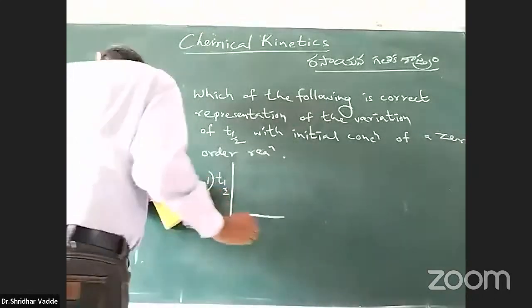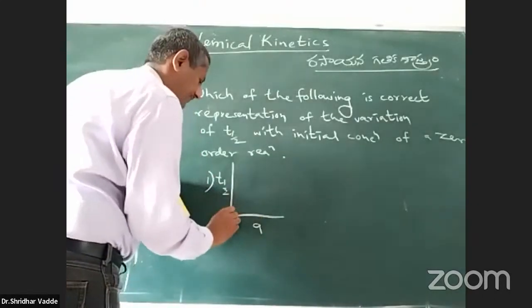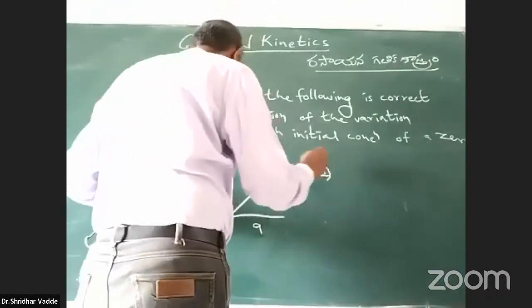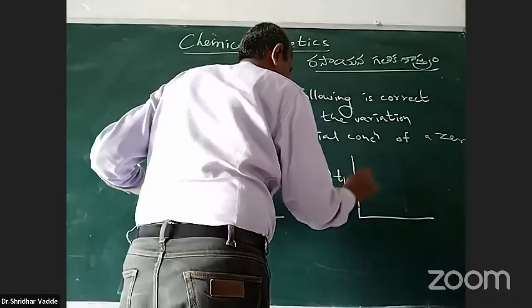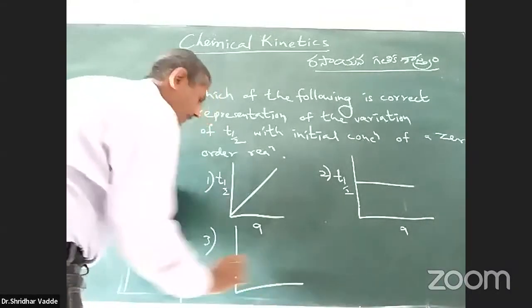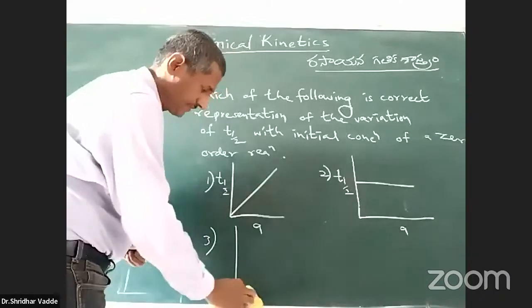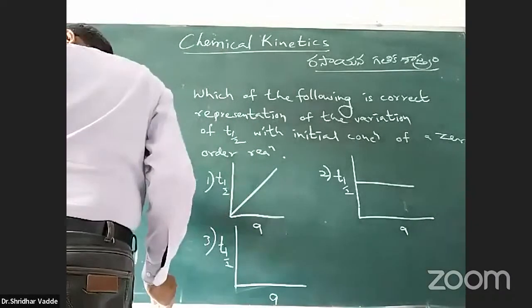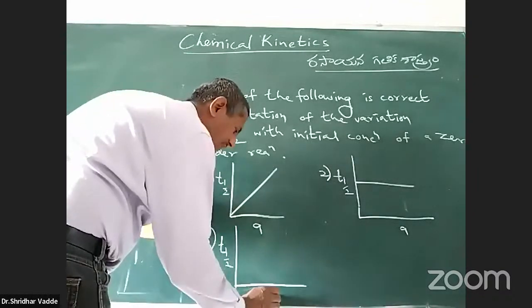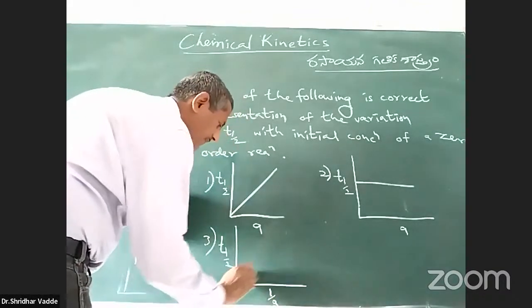First option, t half versus A. Second one, t half versus A. Third one, t half versus 1 by A, my dear friends.